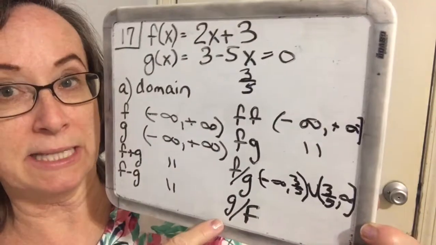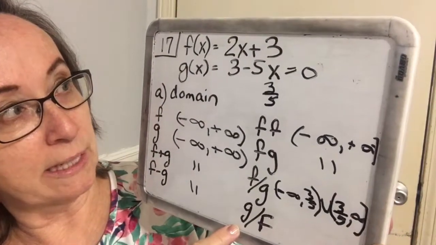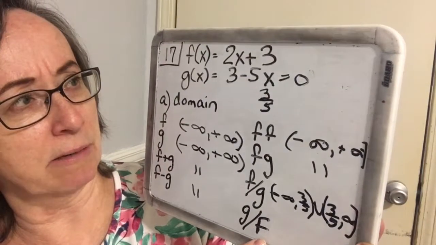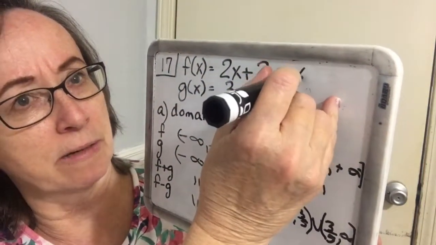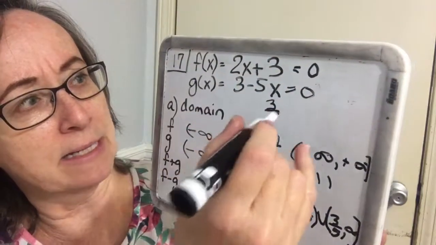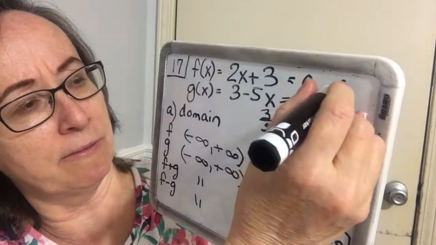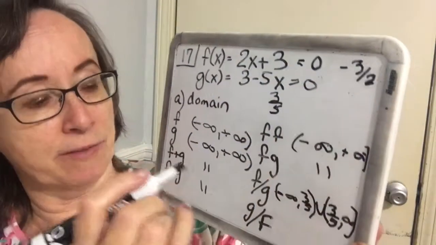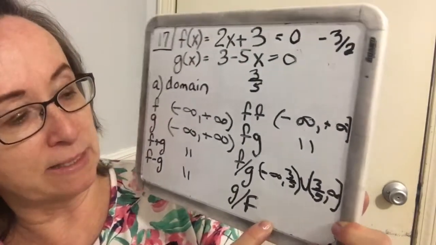Okay, so when we're doing this one, the g over f function, we're looking for what will make the denominator go to 0. So then we're going to set the f function equal to 0. And the answer to that is going to be negative 3/2. Negative 3/2 will make f go to 0. So that's what we have to exclude from this domain.